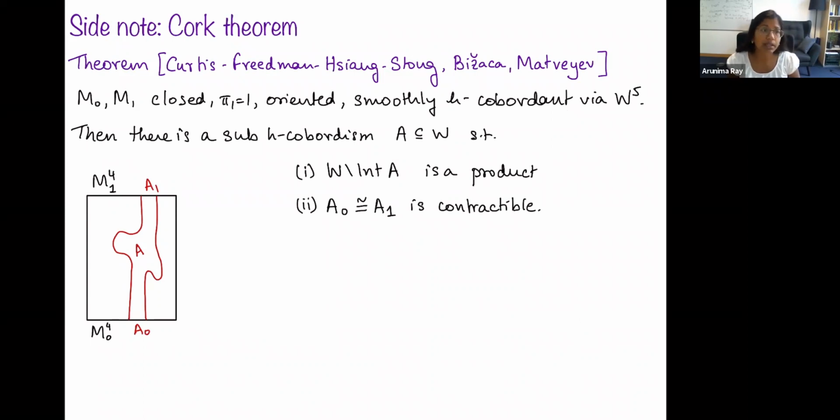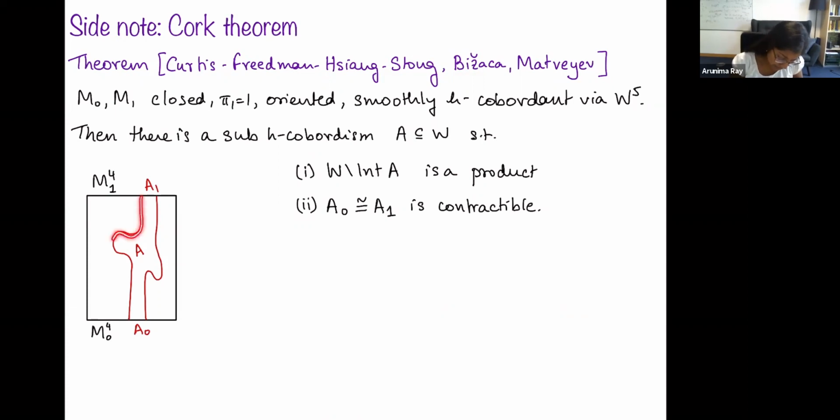The Quark theorem is a theorem of Curtis, Freedman, Hsiang, Stong, Bižaca, and Matveyev. The first 4 in a joint paper, and then the others separately. Again, precise references in the notes. This says that if you have closed, simply connected, oriented, smooth, H cobordant 4 manifolds, then that H cobordism can be split into 2 portions.